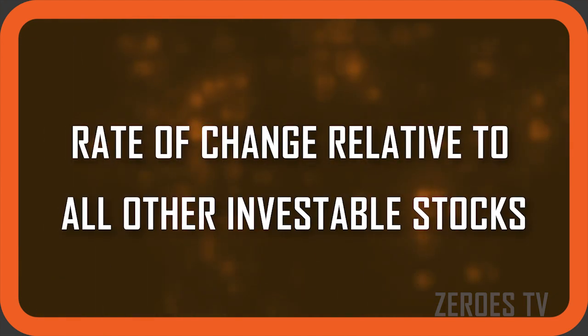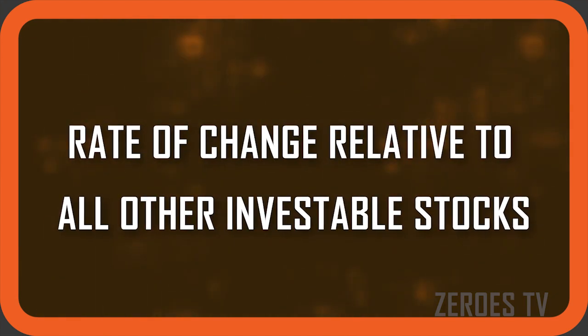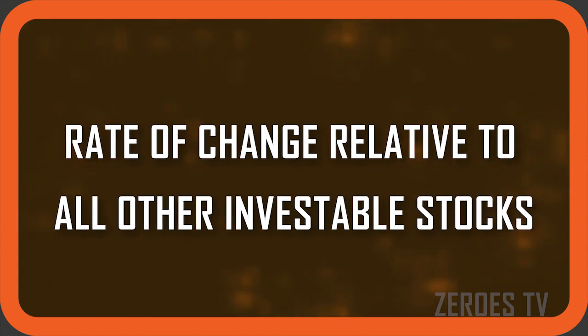When we think about factors, there's a variety of different dimensions and ways that you can slice and dice them. Sometimes it's important to look at just the pure level of the factor characteristic. Sometimes it's important to look at the rate of change of the factor characteristic. But most often, what's really important to look at is the level or the rate of change of the stock relative to all other investable stocks that you see, right?